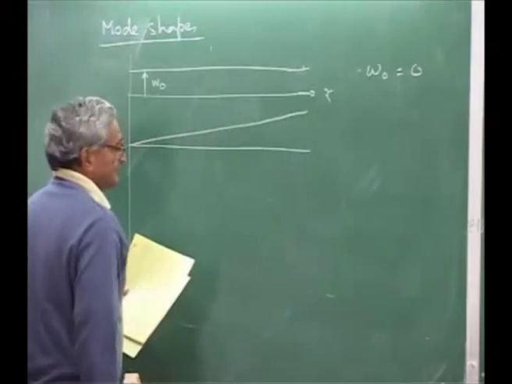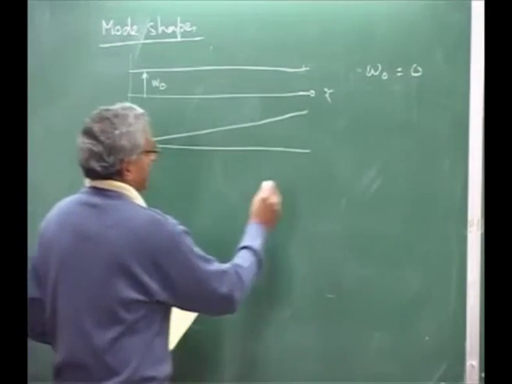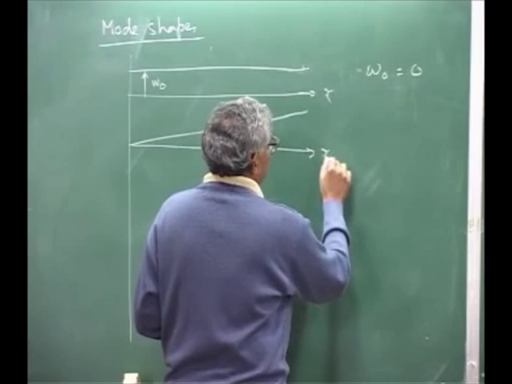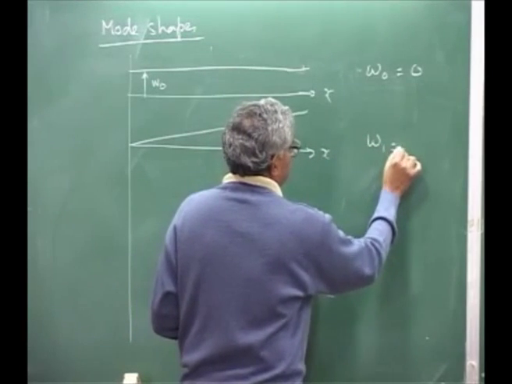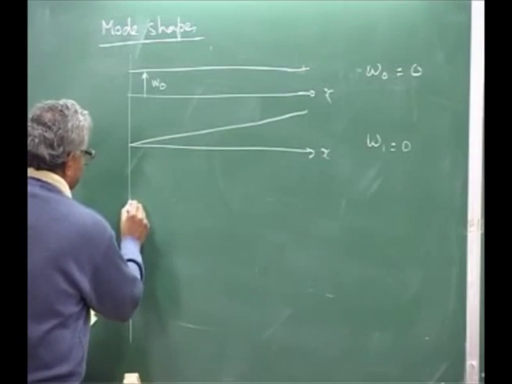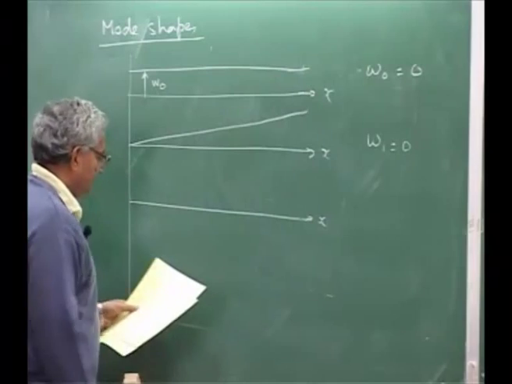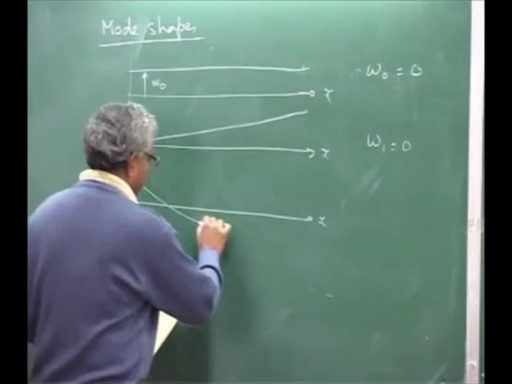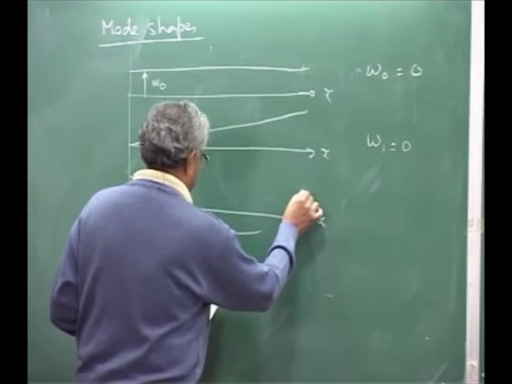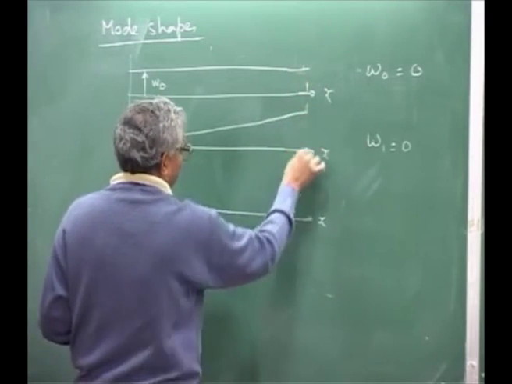It is a rotation, C1 x. Okay. And this is also omega 1 is 0. When I go to the third one, how will it vibrate? It will vibrate like this. This is at L. This is the length L.